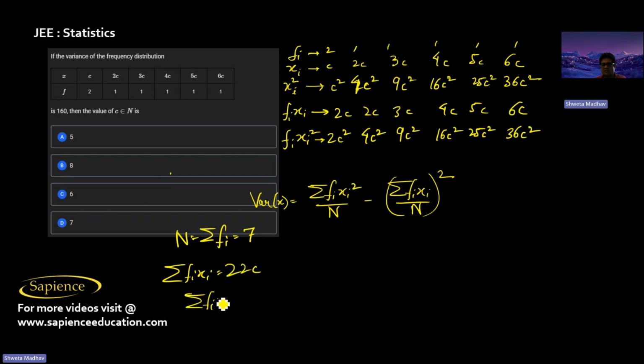And summation Fi Xi square will be 2C square plus 4C square, that is 6C square, plus 9C square is 15C square, plus 25C square is 40C square, plus 36C square is 76C square, plus 16C square, so that will be 92C square.